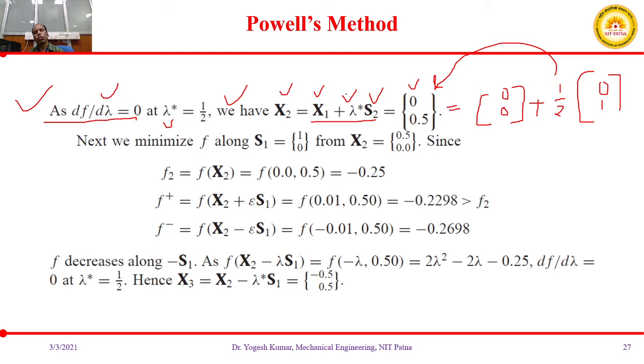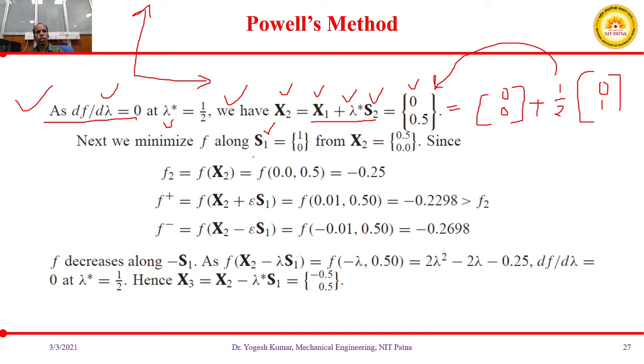Now, since we have got the minimum value of function in your S2 positive direction, now we will try to see whether we will get any minimum or maximum value in the S1 direction. So what was the S1 direction? S1 was 1, 0.